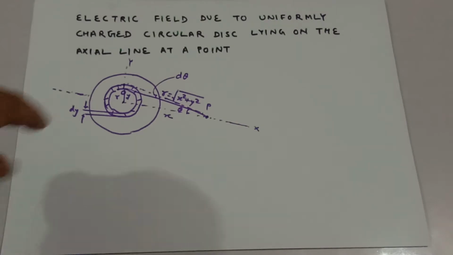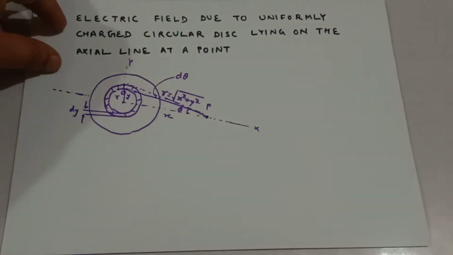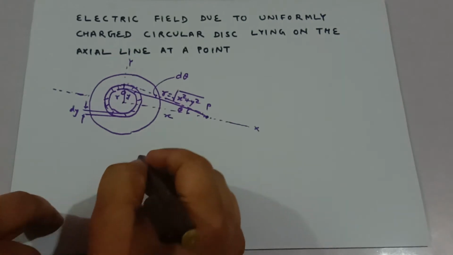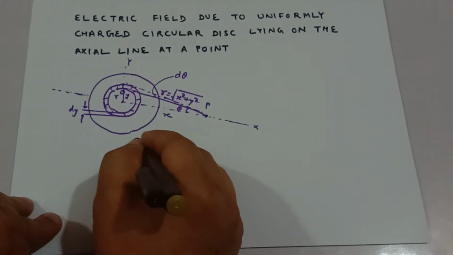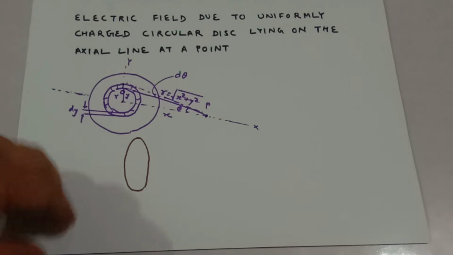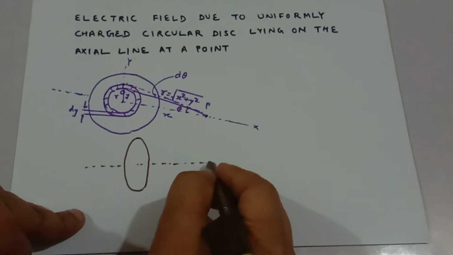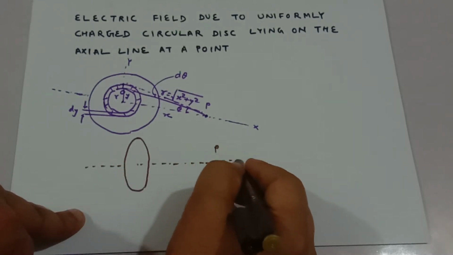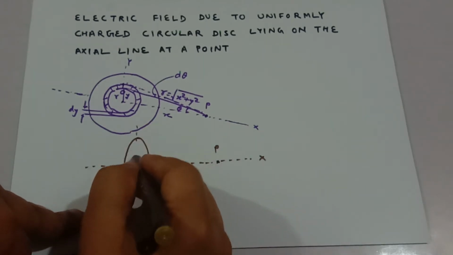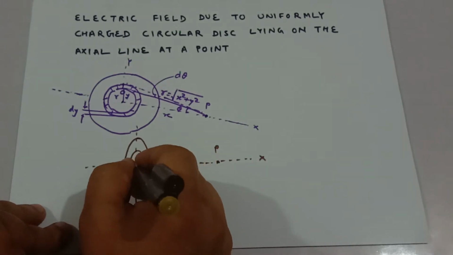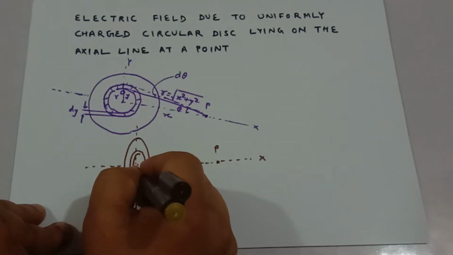That is very easy. So just to make it simpler, let us make this diagram slightly in a different way, and suppose I will draw this disk in this particular fashion. Suppose that is the disk, and this is the axial line, and on this axial line there is a point P, lying on the axial line along the x-axis, suppose, and that is your y-axis, and this is the particular disk whose thickness suppose is dy.